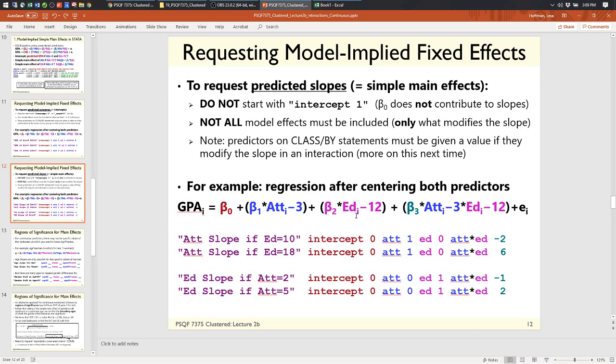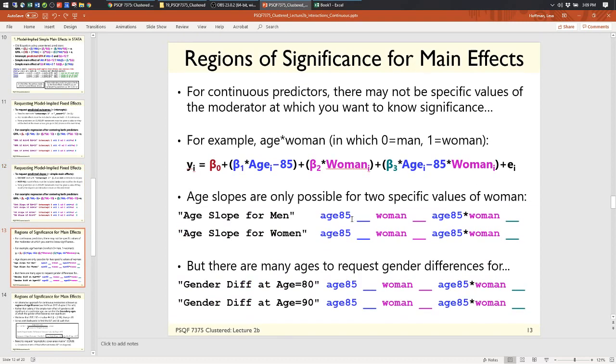Other questions? All right. In certain situations, it's easier to anticipate what simple slopes you might want to report. For instance, if I have gender as a binary variable and I have an interaction with age. If I want to know what the age slope is for men, then I need 1 beta 1, right? And then I have to figure out how many beta 3s I need.